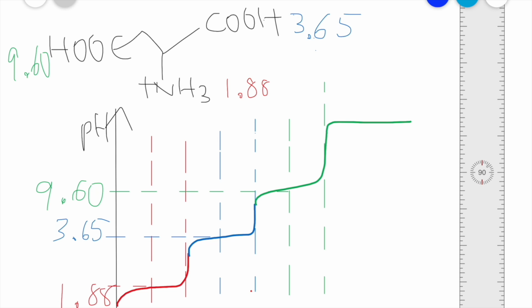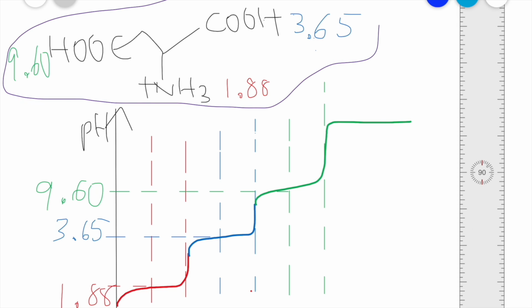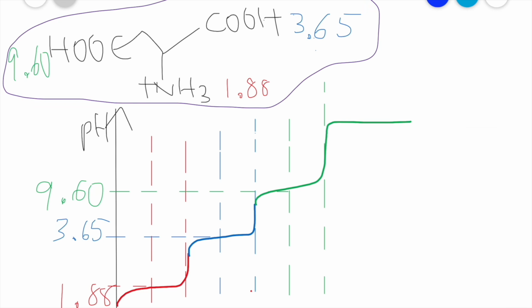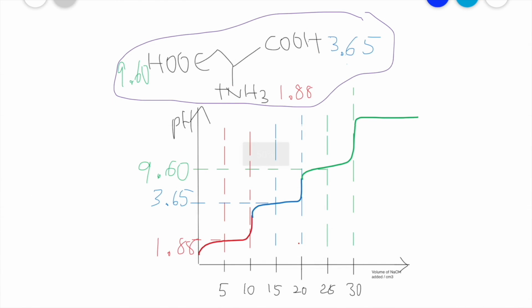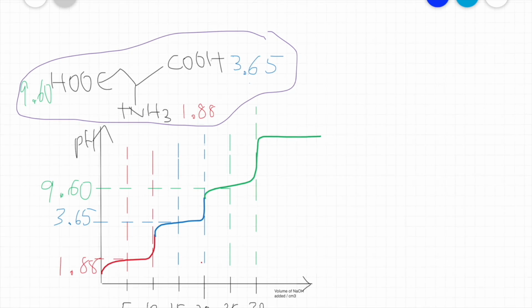But don't forget, this is an amino acid, and so there will be an isoelectric point. And what do we call the isoelectric point? That's the pH where the amino acid exists as a zwitterion, and the zwitterion will carry overall no negative or positive charge, even though there can be localized centers of charge.